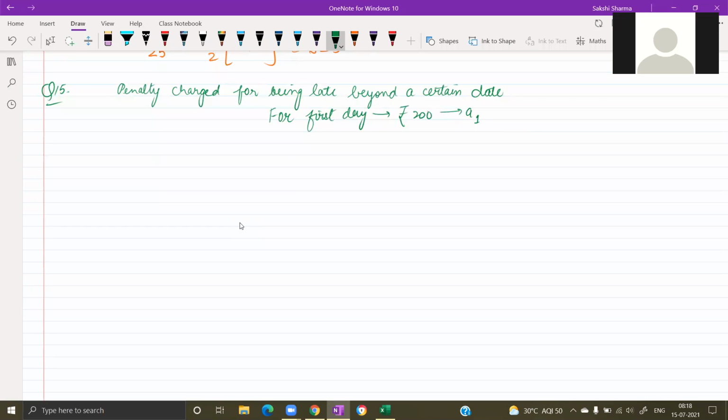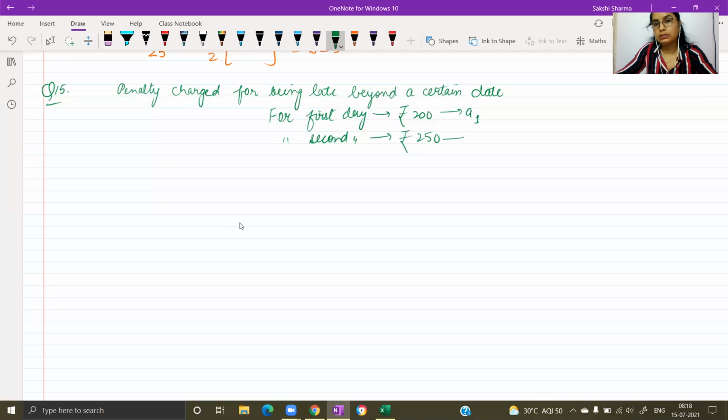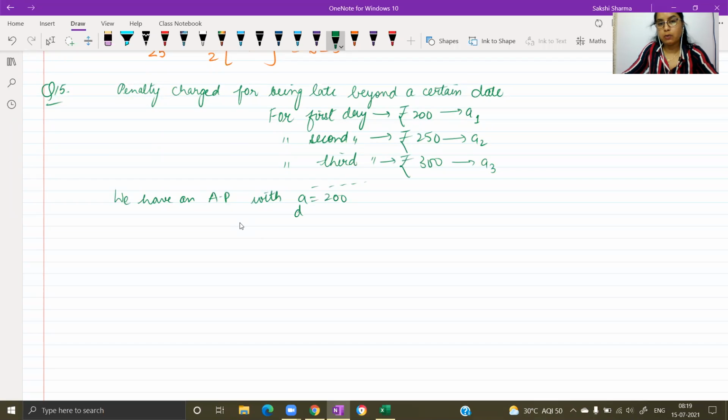So this is A1. Then for the second day, 250 rupees. This will be A2. For the third day, it's 300. So on. This is an AP. We have an AP with the first term as 200 and the common difference as 50.